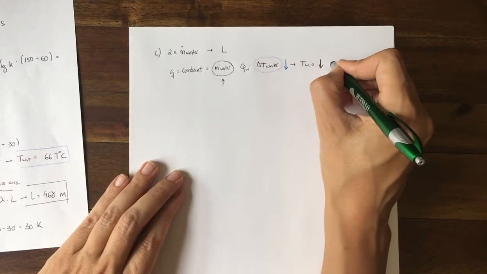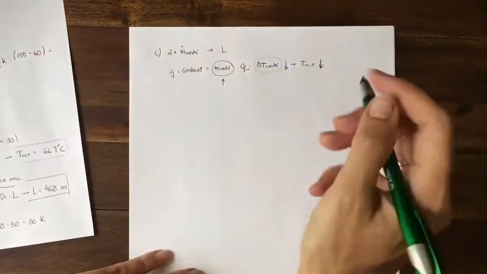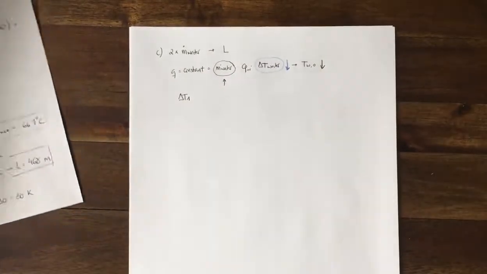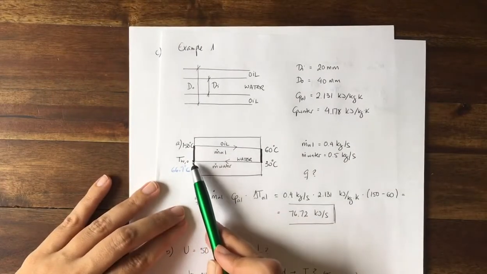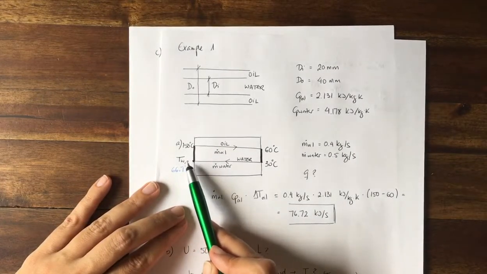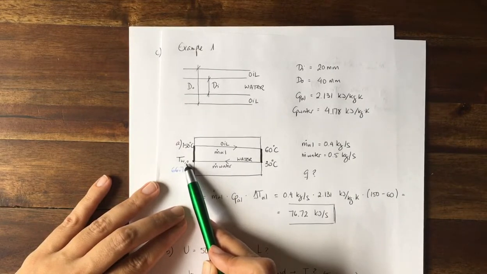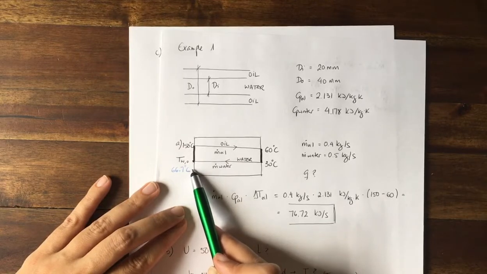And delta T1, which is the difference between the inlet of the oil and the outlet of the water, if the temperature of the water at the outlet is smaller, that means that the delta T is higher.